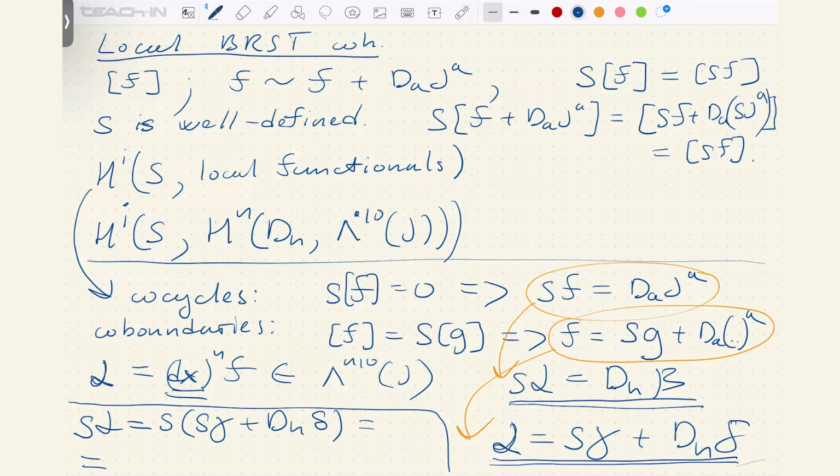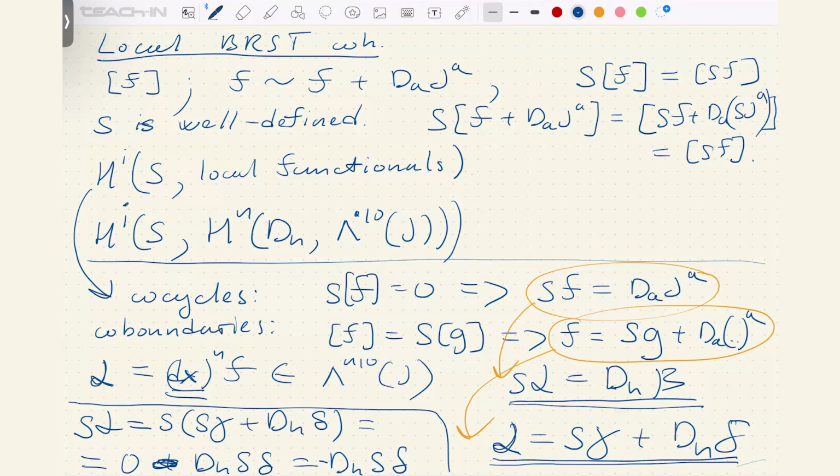S squares to 0, so the first term is gone, but S anti-commutes with d_H, because S commutes with the total derivative, but dx is also an anti-commuting object, so it should be considered as a fermion. So we have 0 plus, strictly speaking, minus d_H S delta. So this condition is satisfied.